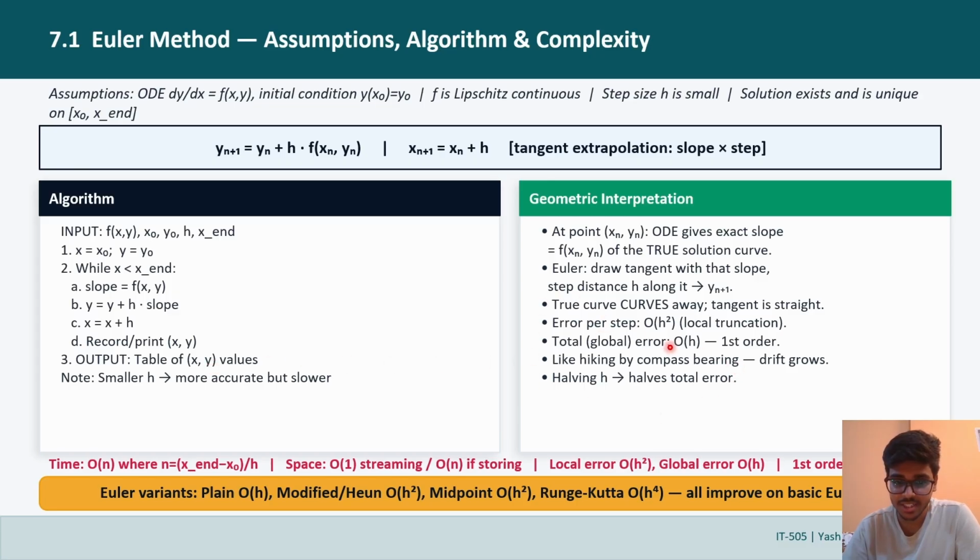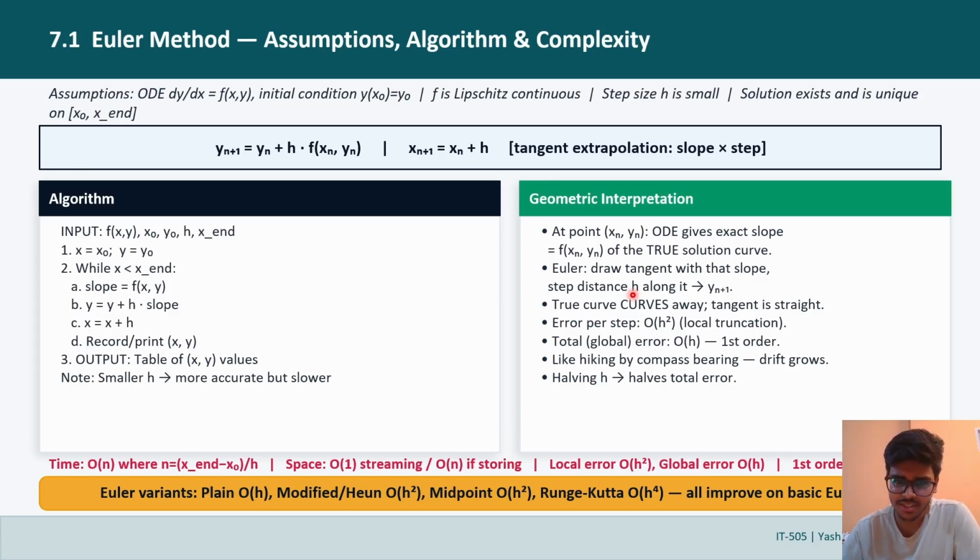The geometric interpretation. The ODE tells us the slope of the true solution curve at any point x comma y. At the current position xn comma yn, Euler's method reads the exact slope from the ODE and then takes a straight line step of the length h in that direction to estimate yn plus 1.